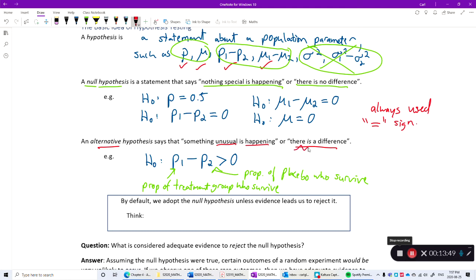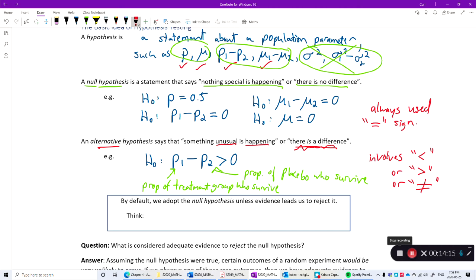It's saying that there is a difference. And the alternative is always stated in terms of an inequality. It involves either less than or greater than, or it could be just not equal.